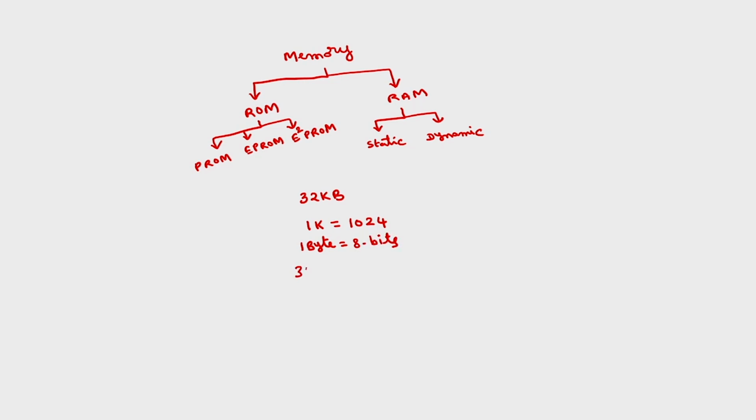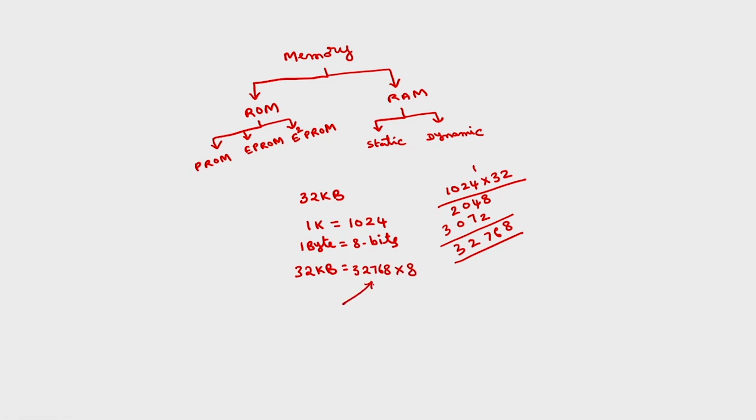So, the meaning of 32 kilobytes is 32 into 1024, which is equivalent to 32,768, into 8.